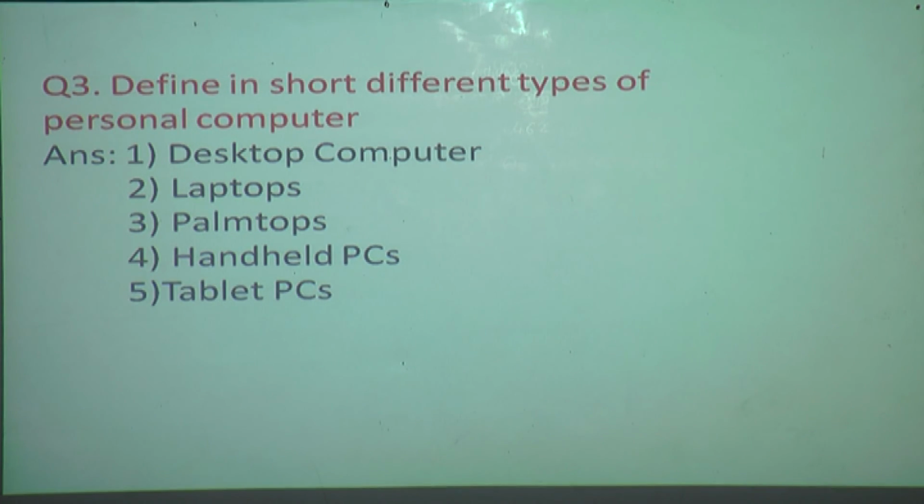Next is handheld. Handheld PCs are extremely small in size compared to laptops. They are portable and also called netop or ultra portable computers. Next one is tablet PC. Tablet PCs are equipped with a touch screen as their primary input of data.